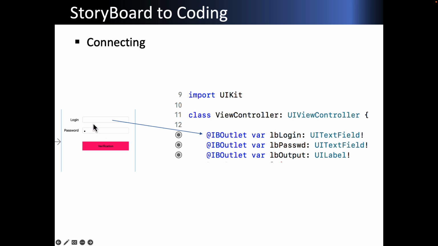For example, a text field simply shows a box on the view, but in your code, you need to do something with this text field, right? When the user types in this text field, you need to take the user input.